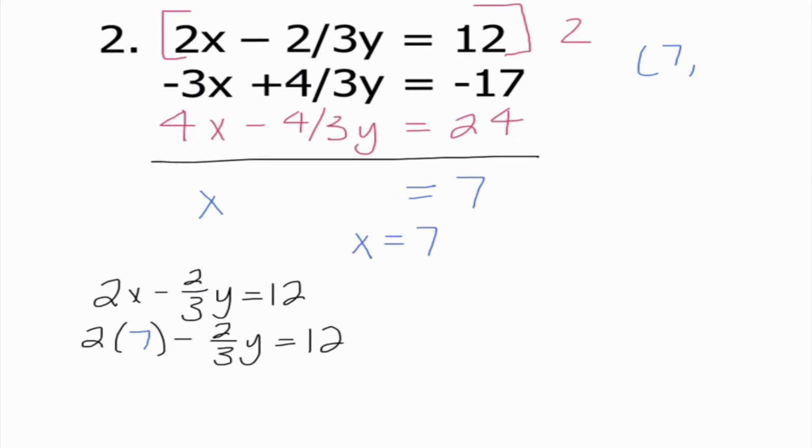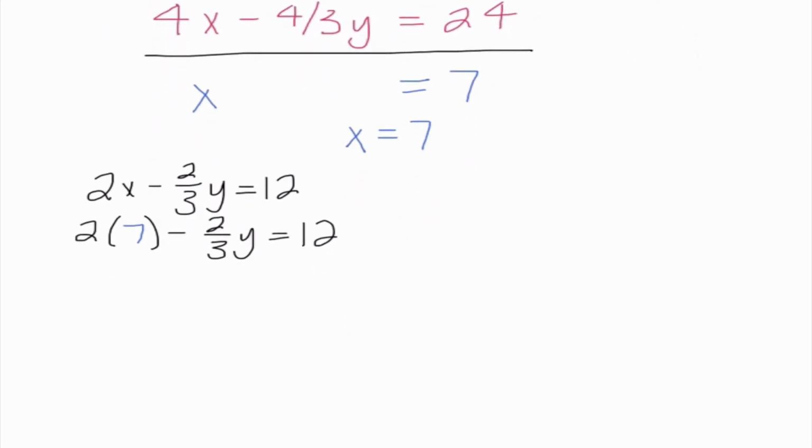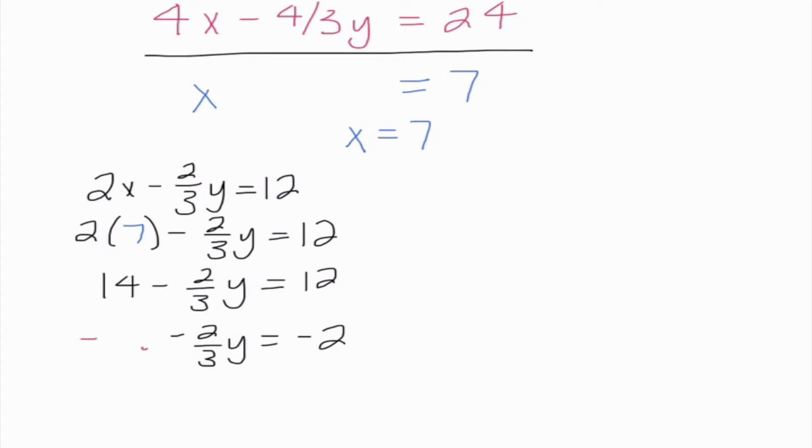So when I go ahead and multiply this, I get 14 minus 2/3 y equals 12. When I subtract 14 from both sides, I get negative 2/3 y equals negative 2. So I'm going to multiply both sides by negative 3/2 because I know that these are reciprocals of one another, and I end up getting y is equal to 3.